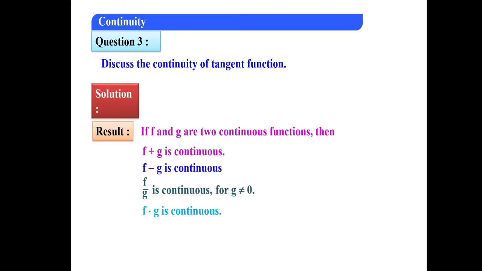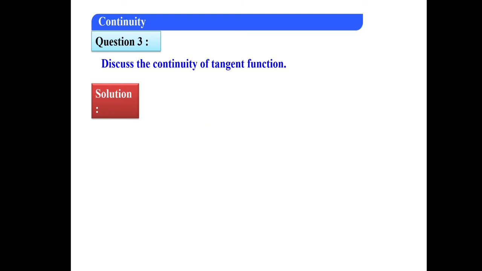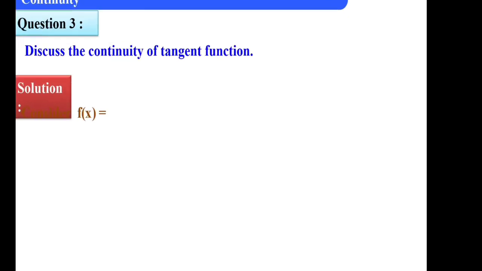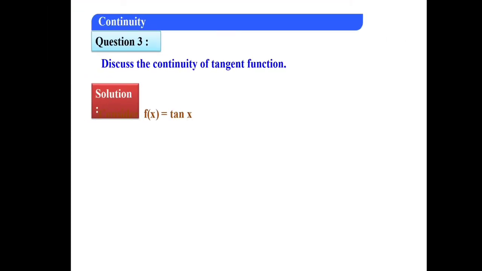Here I am just recalling the properties, because the tangent function's continuity we can discuss using these properties: addition, subtraction, f upon g, f into g. So just remember these properties, the algebra of continuity of two functions. Okay, so what is f of x here? Tan x. The tangent function I am writing as tan x.